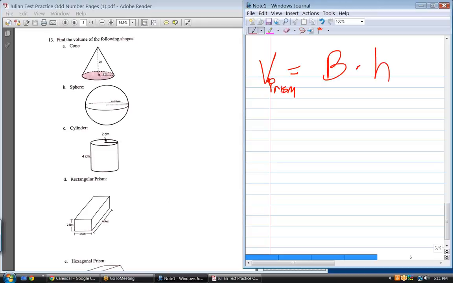All prisms are the area of the base times the height. Well, turns out that the area of the base is length times width times height. Okay. You weren't wrong when you said that, but all I'm trying to get you to realize is that all prisms are the area of the base times its height. So in this case, it's 2 times 3 times 6.